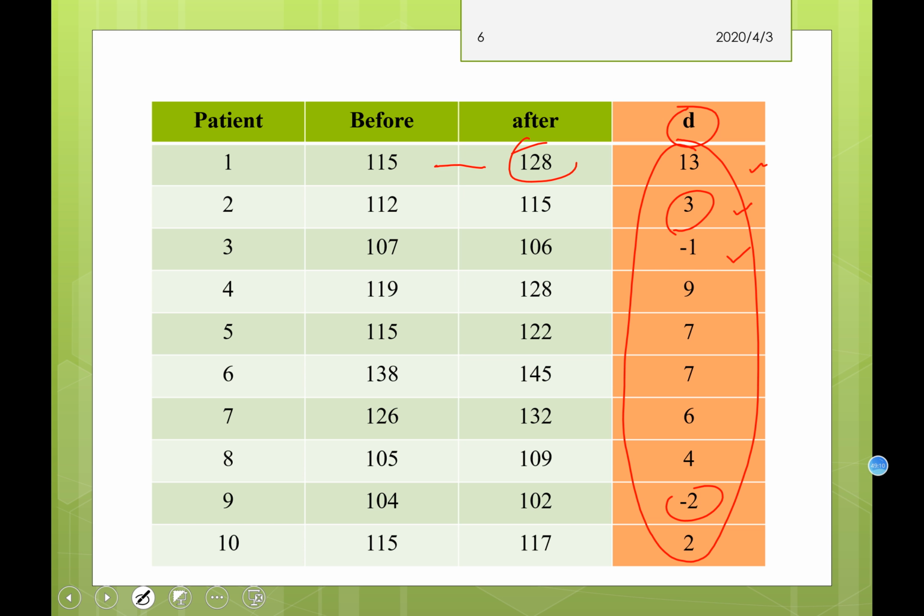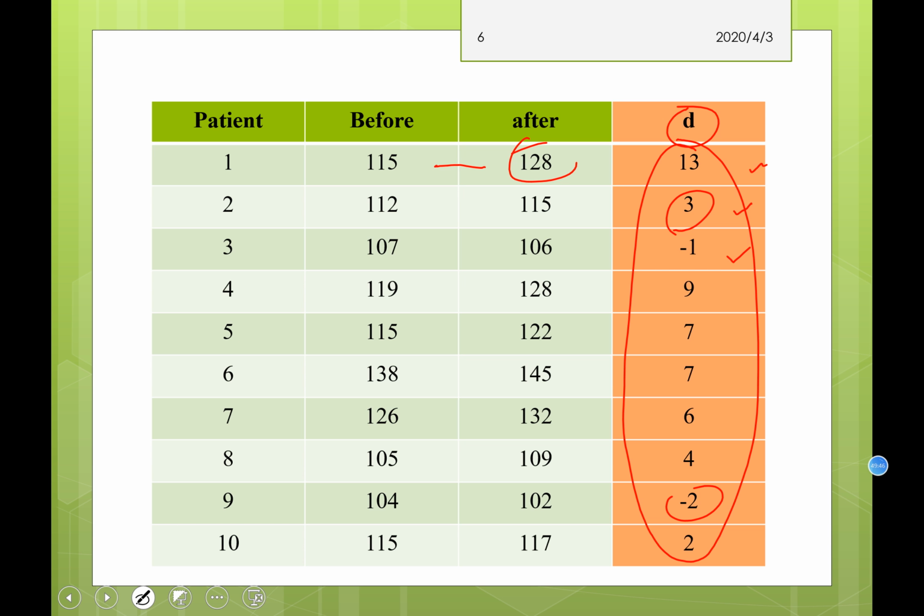But if all of the differences or almost all of the differences are positive, that means after is higher than before. Or the other way, if all or almost all of the differences are negative, that means after is lower than before. And we can believe that the drug can change the blood pressure.